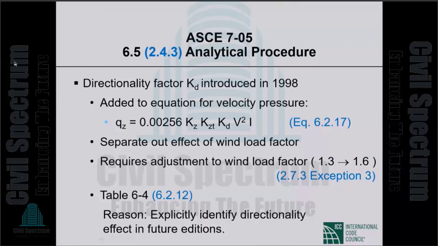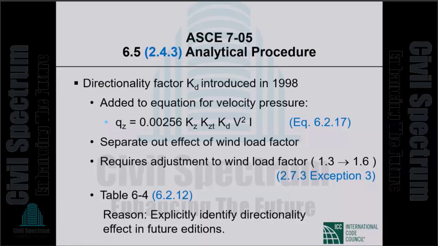Now, this will be the subject in one of our seminars after we are done with concrete when I talk about wind. This is the so-called velocity pressure due to wind, and that has a directionality factor K sub D in it. This K sub D accounts for the fact that wind seldom, if ever, is along the most critical direction of your building, because wind direction changes from one instant to the next.